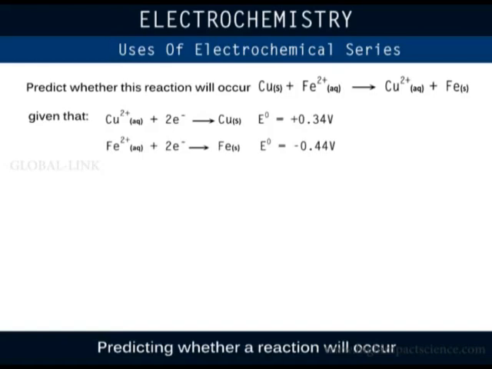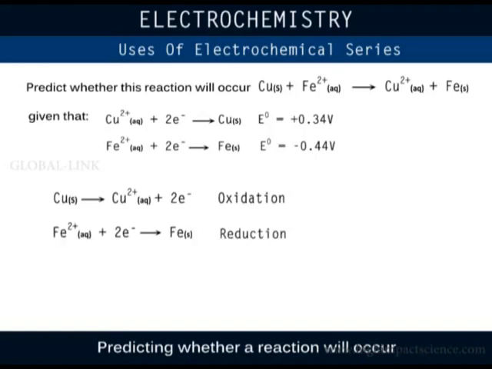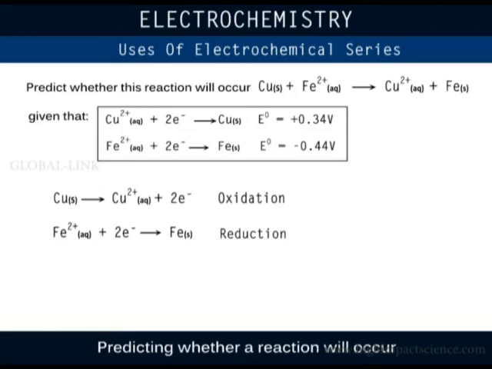If we rewrite the half equations, copper undergoes oxidation to form copper 2 ions, while iron 2 ions undergo reduction to form iron. We go to the standard electrode potentials. In this equation, copper is undergoing oxidation, but this equation is that of a reduction process.